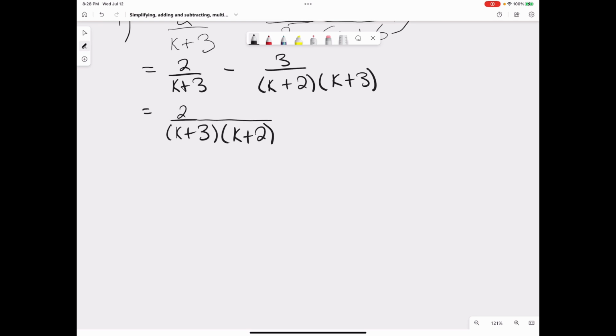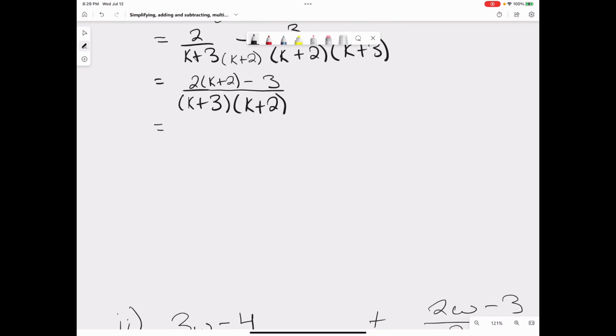So now that they have the same denominator, we can simplify this a little bit, and we can put a minus 3 here. Just add them on the same fraction. But of course, whatever you do to the bottom of the fraction, you have to do to the top as well. So we're going to add a k plus 2 right here. Then we're going to simplify this expression. We're going to expand it.